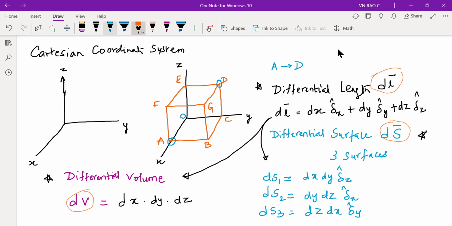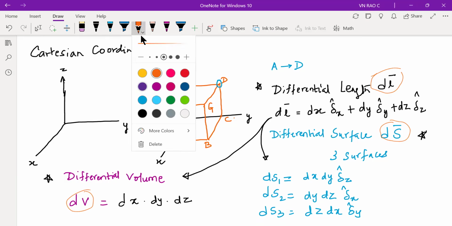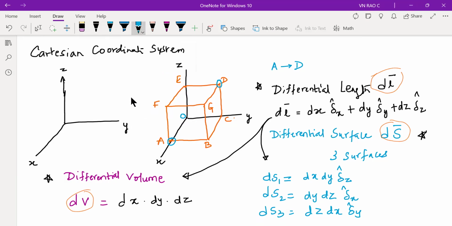But initially, what is required is that we first need to understand in what way, from where to where, we want to travel. Suppose we are traveling from A to D. So this is A. To approach D, we have to travel along all the axes.